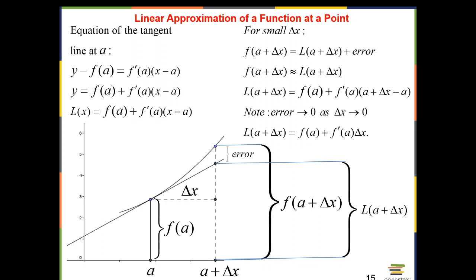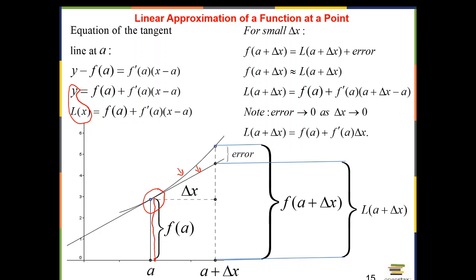Now we're going to call this the linearization of this function. That means when you zoom in, you can just consider this function to be the tangent line at that point. So if there are points close to a, around a, here of course we zoom in to understand what's going on, but usually this a plus delta x is really close to a, it's right there.